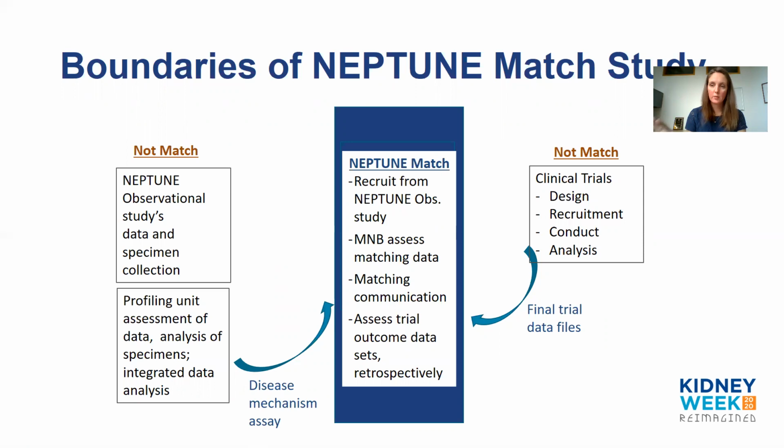The clinical trials are completely independent, have their own inclusion and exclusion criteria. But the companies that have agreed to partner with Neptune have agreed to share their final trial data so that we can see across many studies if patients have undergone a stratification, did they have any different response rate.